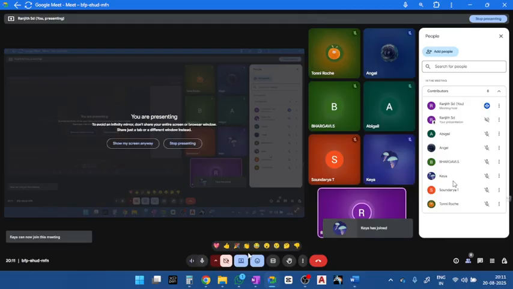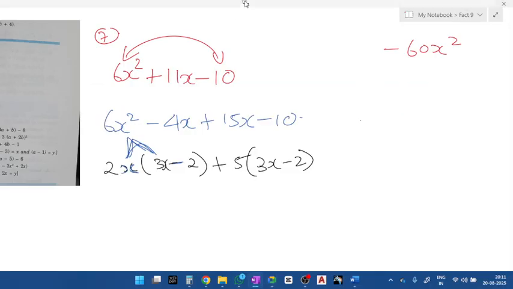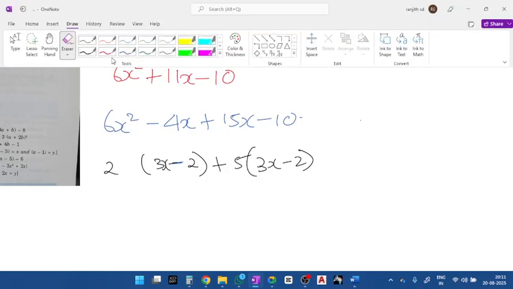Yeah, Kia, why are you not responding, Kia? You should get back 6x squares, which means, hmm, yes.